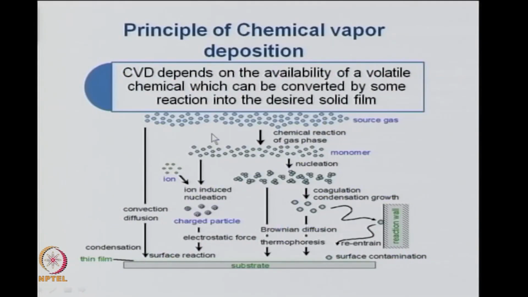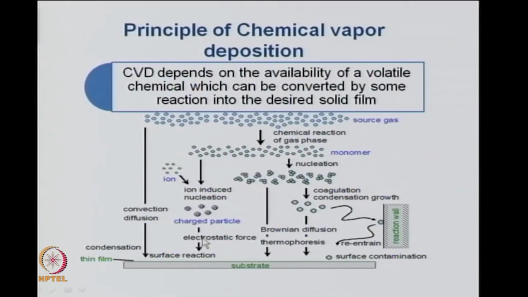Or these monomers, which form from the chemical reaction in the gaseous phase, can be targeted using ions, and that is called ion induced nucleation. So, you target these monomers which are formed from the gas phase generated from your initial volatile chemical; if you bombard them with ions, you get ion induced nucleation, and these ion induced nuclei are charged particles.